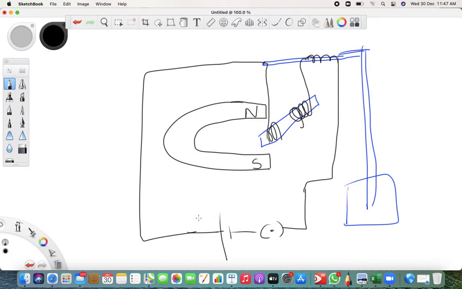So this is all about how our construction works. We attach a wire and connect it with this so that it hangs in the air properly.